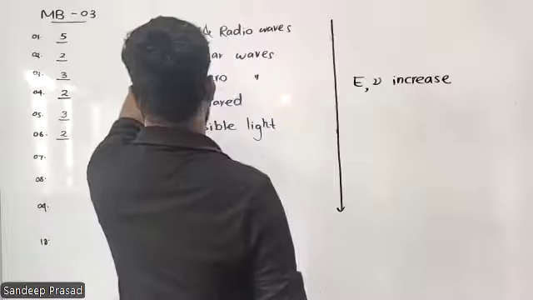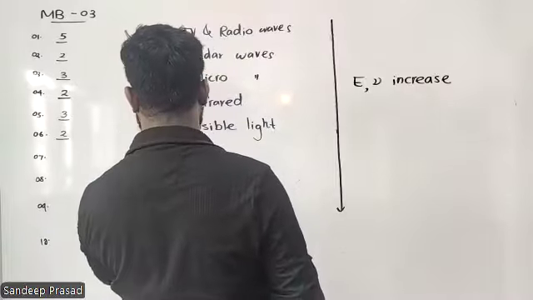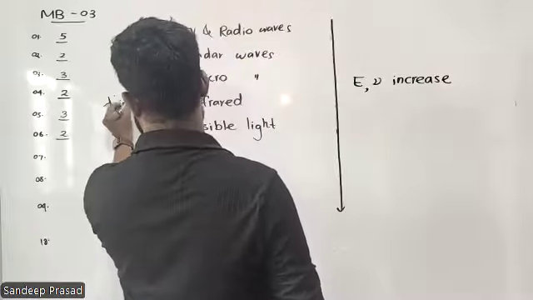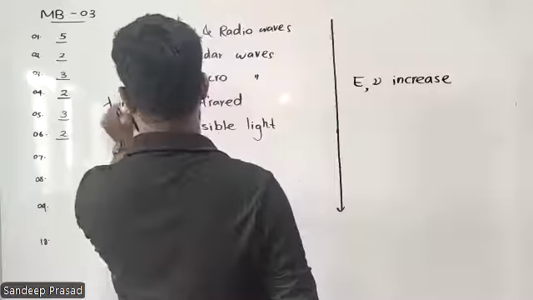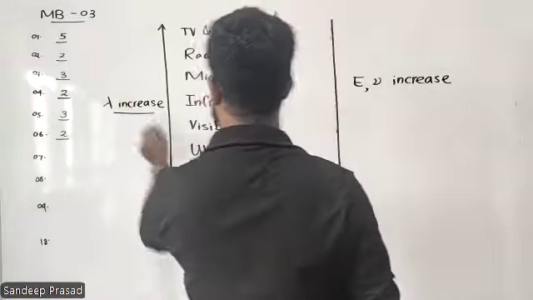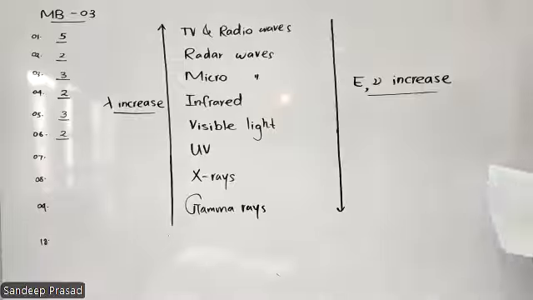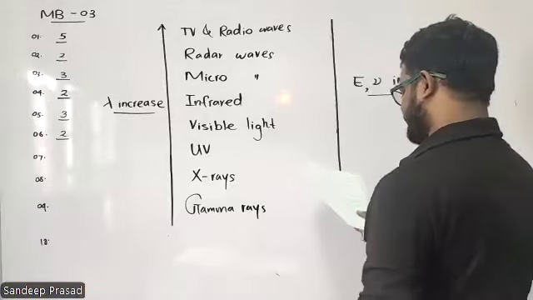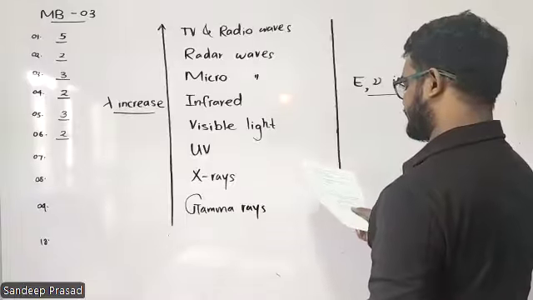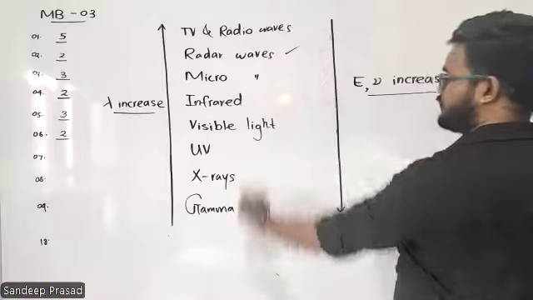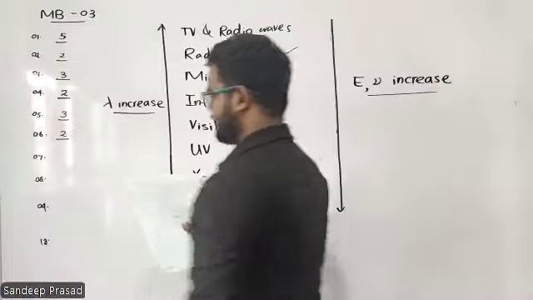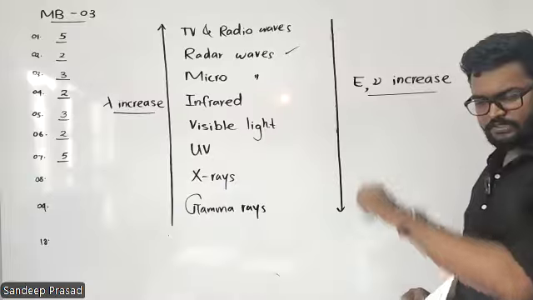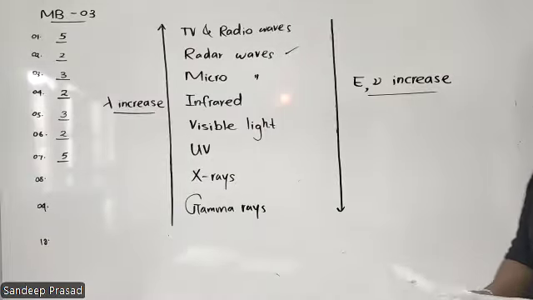And for the upward direction, lambda wavelength increases. So according to the given answers, they have given ultraviolet, visible rays, infrared, microwaves, radar waves. They're asking for the highest wavelength, so the highest wavelength belongs to radar waves. Question number 7, the answer should be number 5. Raise your hand those who got the answer. That's very easy, not difficult.